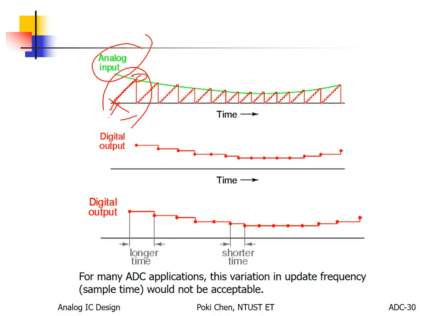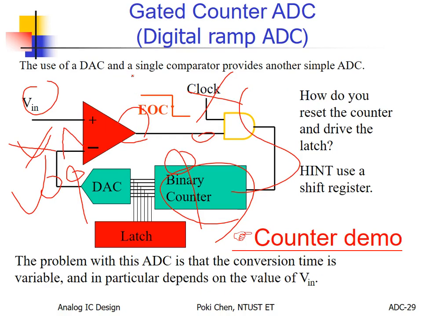Bingo, you got it. Because the comparator output is toggled from 1 to 0. So at this moment, we send another very important signal. We call it end of conversion, EOC, to tell your consumers, right now you can read out the counter, or you can latch it as the output.